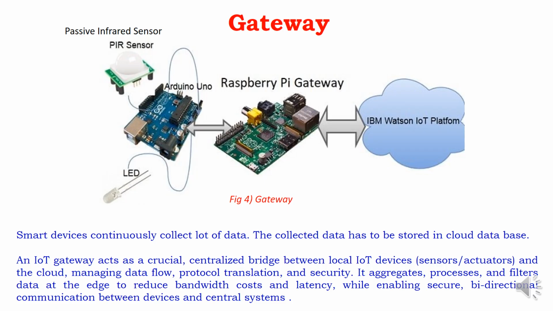It aggregates, processes, and filters data at the edge to reduce bandwidth cost and latency, while enabling security and bidirectional communication between devices and central systems. The figure shows an IoT gateway; Raspberry Pi and Arduino Uno are used as gateways. Sensors collect data. The collected data is pre-processed and converted into a compatible format to transmit to the next level.